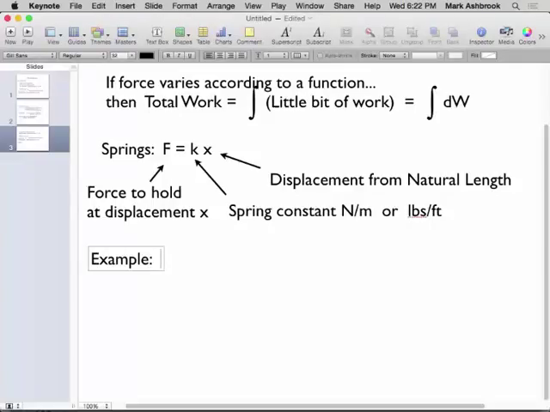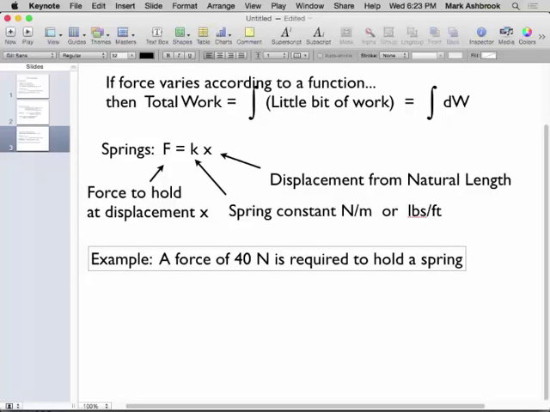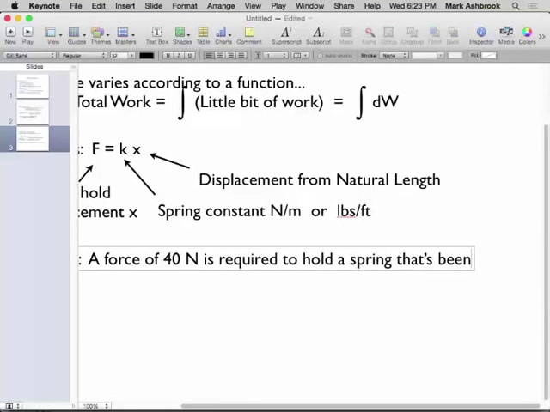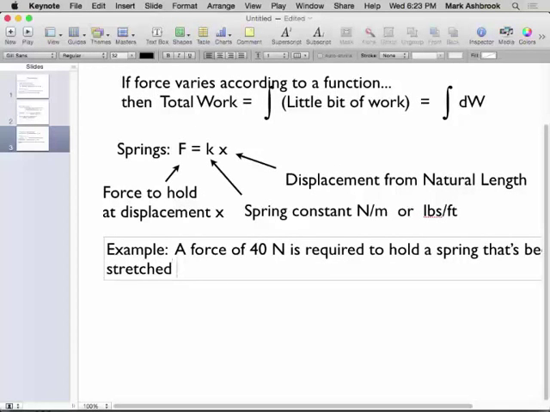A force of 40 newtons is required to hold a spring that has been stretched from its natural length of 10 centimeters to 15 centimeters. How much work is done in stretching the spring from 15 to 18?